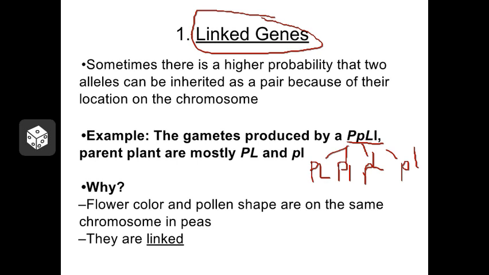However, in nature, these types of plants mostly produce the gametes containing big P, big L and little p, little l. Why is that? Well, this occurs because the genes for characteristics P and L are linked together. They're located on the same chromosome and they're located pretty close together.